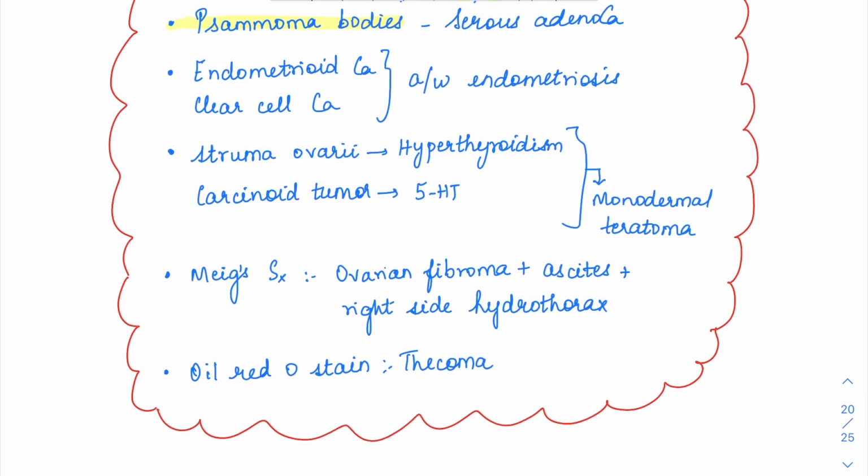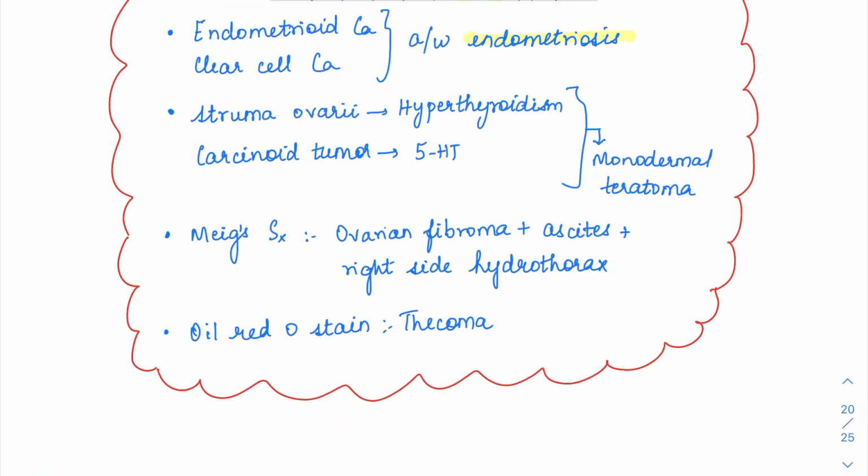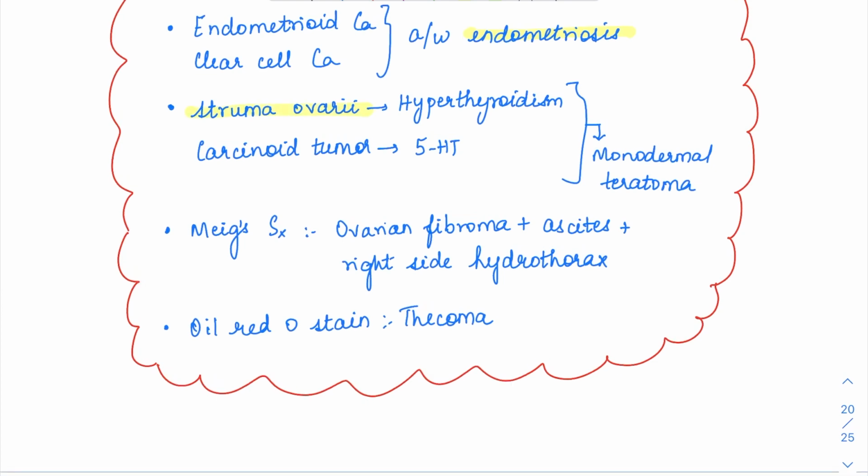Then endometrioid carcinoma and clear cell carcinoma, their precursor lesion was endometriosis. Then you have a monodermal kind of teratoma also. Teratoma, I have mentioned, is going to arise from at least 2 germ cell layers, right? But still, in certain exceptions, even if it is arising from a single germ cell layer, you can call it a teratoma. So, what are the exceptions? That is when it is a struma ovarii or a carcinoid tumor.